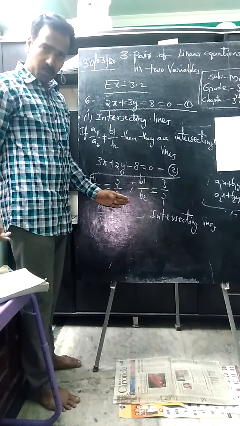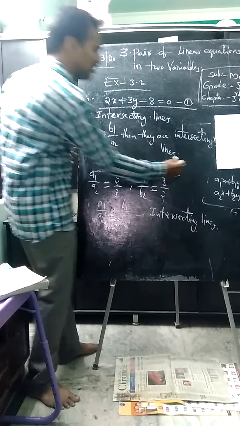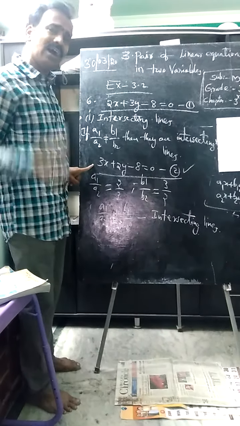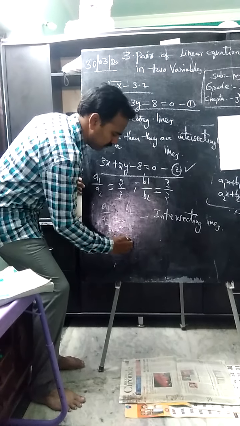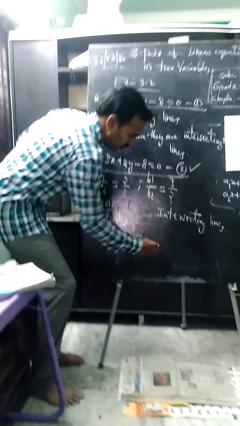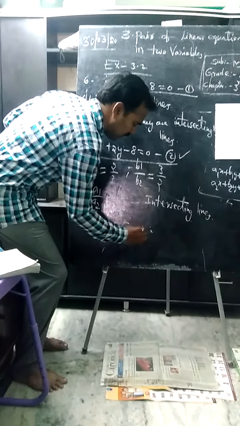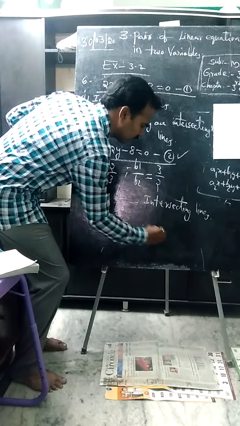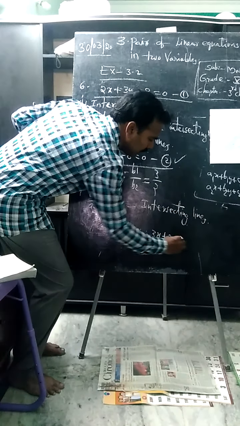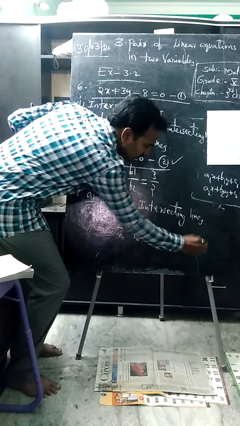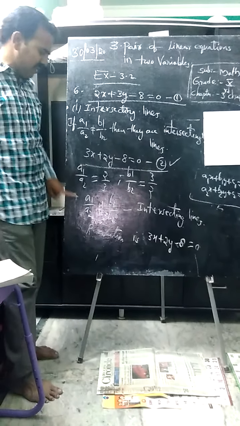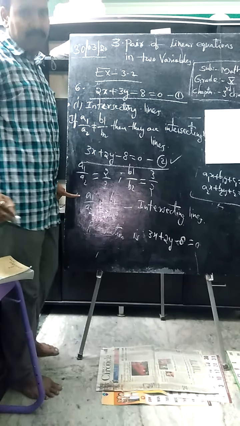So this condition is satisfied. So the required equation is 3x plus 2y minus 8 equal to 0, as it satisfies the condition a1 by a2 not equal to b1 by b2.